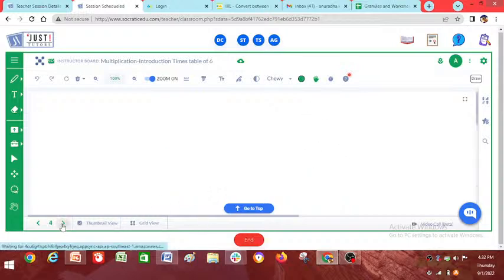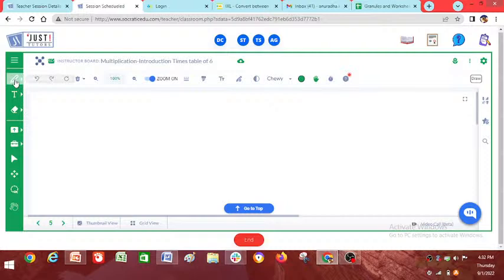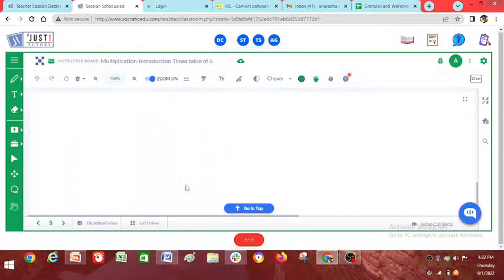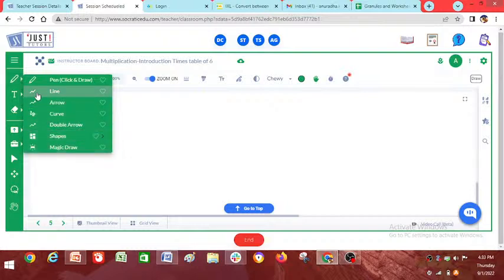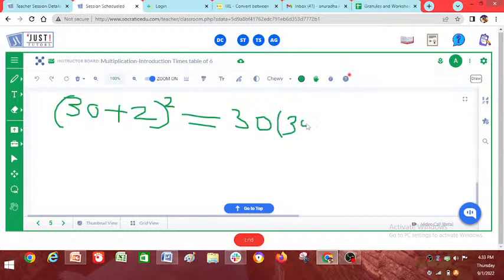So if we have to do 30 plus 2 square, this can be written as 30 times 30 plus 2, plus 2 times 30 plus 2.